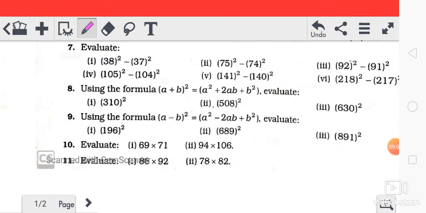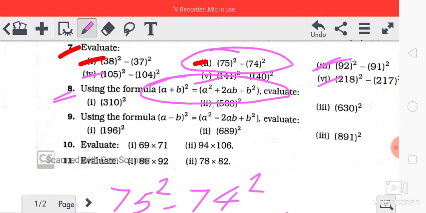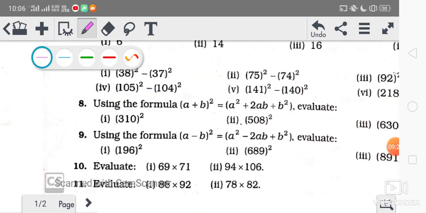Now come to this question. Using the formula a plus b whole square is equal to a square plus 2ab plus b square. Just now we have discussed about this formula. So this 310 square we have to solve using a plus b whole square formula. So how can we solve?